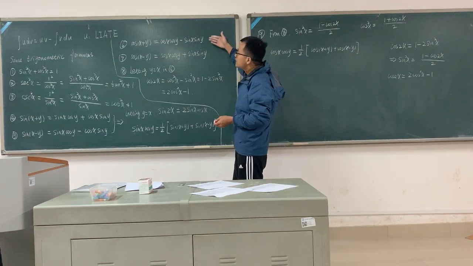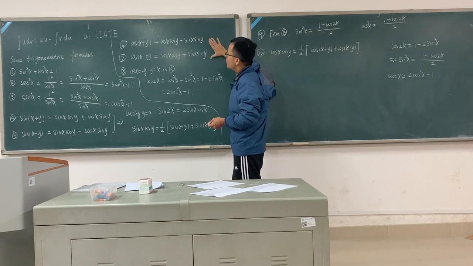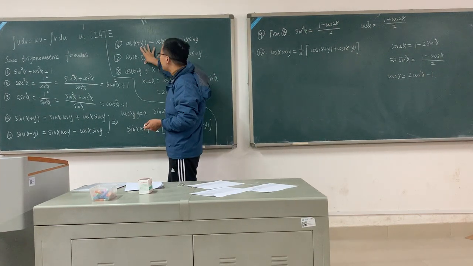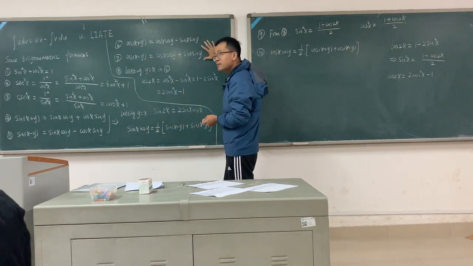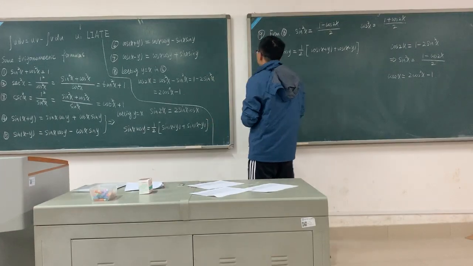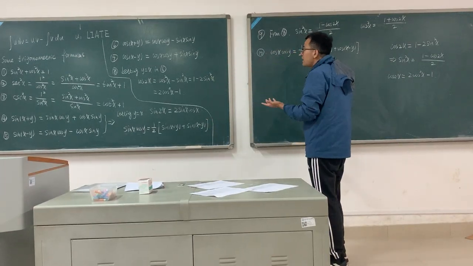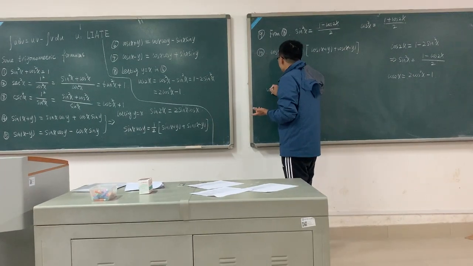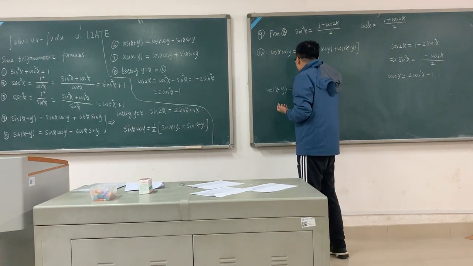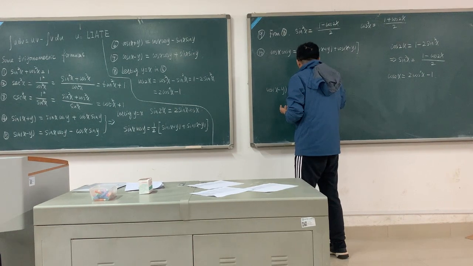For number 6 and number 7, the difference of the left hand side equals the difference of the right hand side. The difference of the left hand side is cosine of x minus y minus cosine of x plus y.